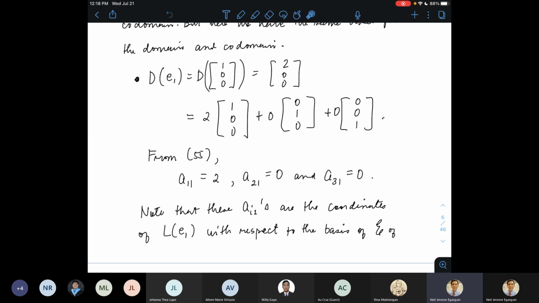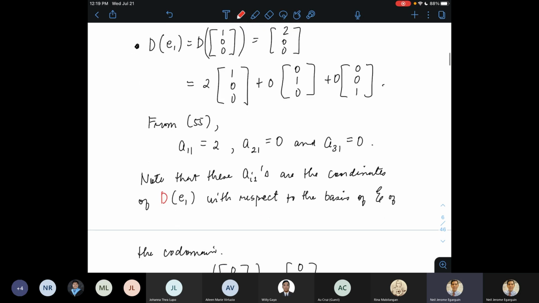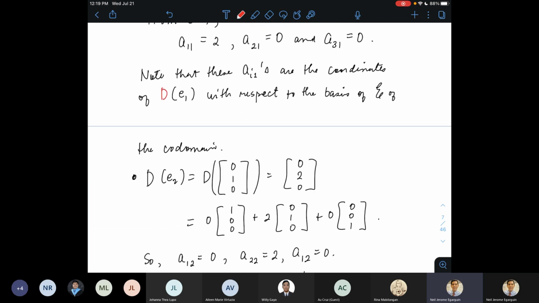And again, I need to be particular here with the ordering, because you will see later that the ordering really matters. So in short, the AI1s are the coordinates of D E1 with respect to the basis E of the codomain.